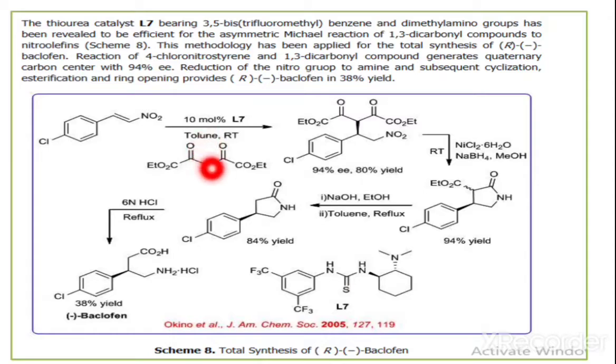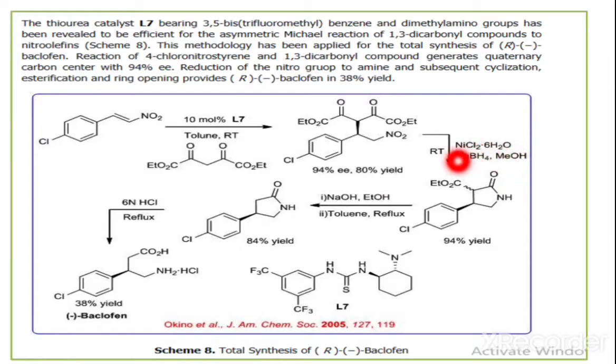This is the 1,3-dicarbonyl compound and here the 4-chloronitrostyrene, that means the reaction between the 1,3-dicarbonyl compound and 4-chloronitrostyrene in the presence of this organocatalyst. Here we get the quaternary carbon center having 94% enantiomeric excess.